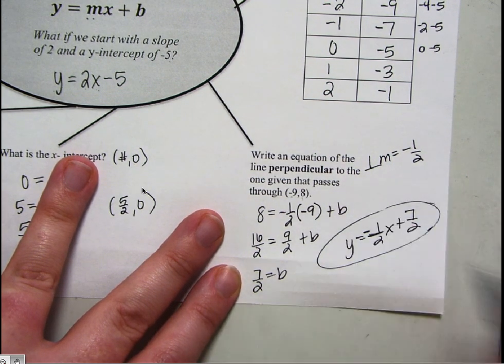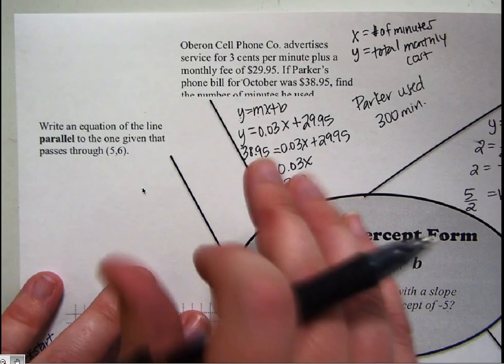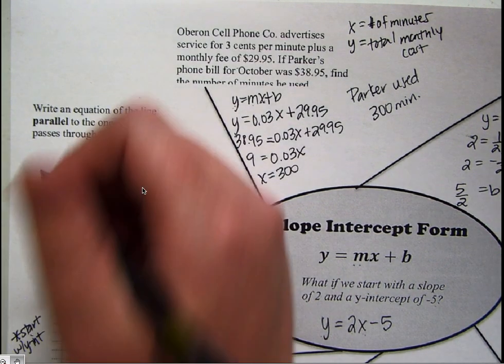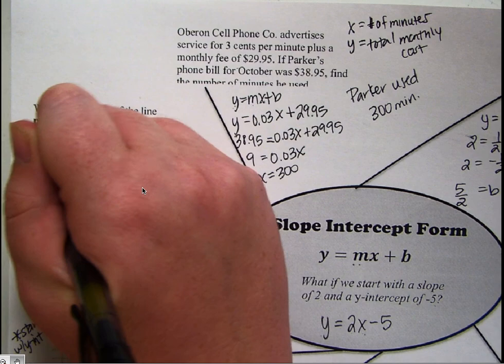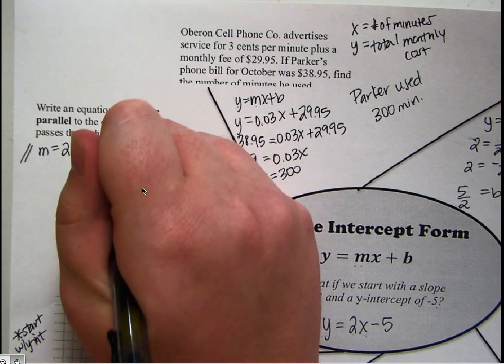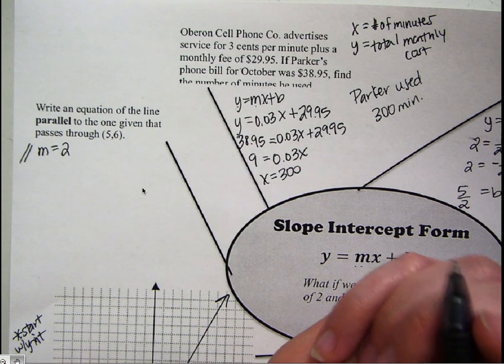Okay. And last example: write the equation of the line parallel to the one given that passes through (5, 6). Parallel lines means the slope is the same, so we're going to use the slope of 2. I'm going to think ahead here, plug in x and y so that I can solve for b, or the y-intercept.